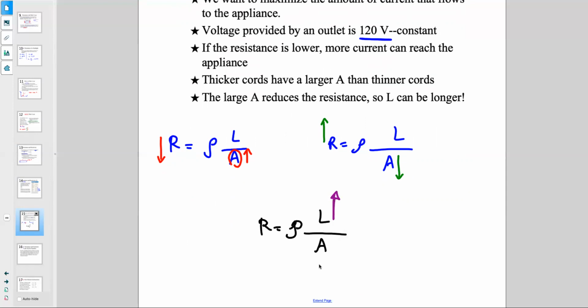In order to keep the resistance at a reasonable value, I have to make it thicker so that this ratio will stay unchanged. So that's why the long extension cords are also thicker, because we want them to have a low resistance in order to keep R small.